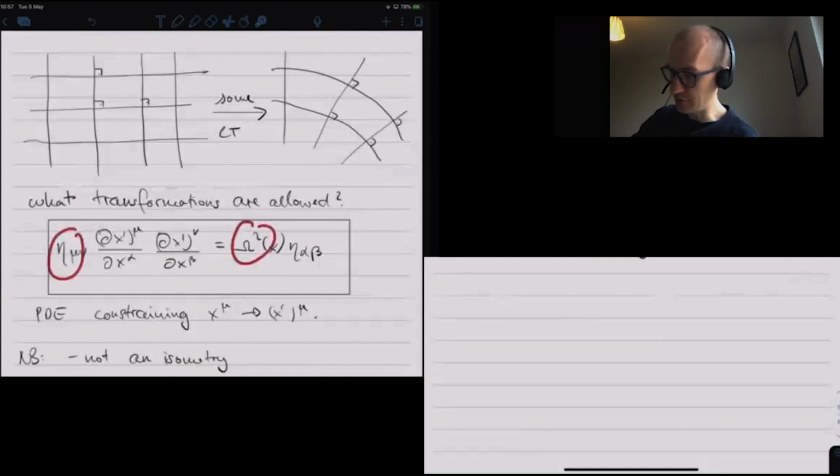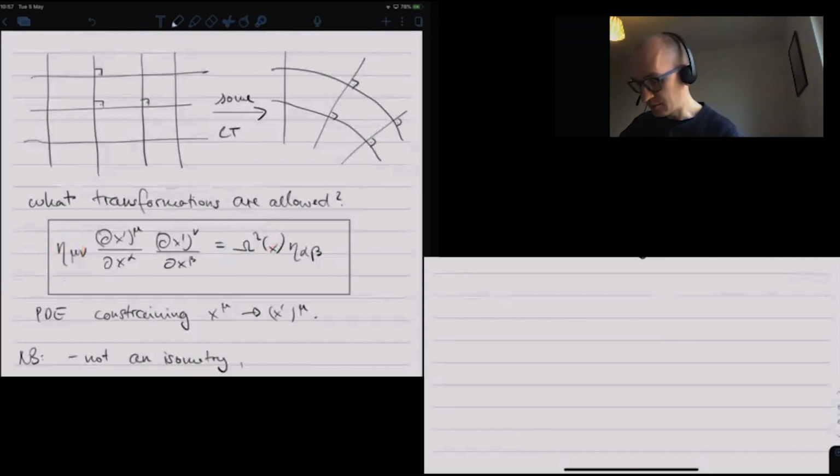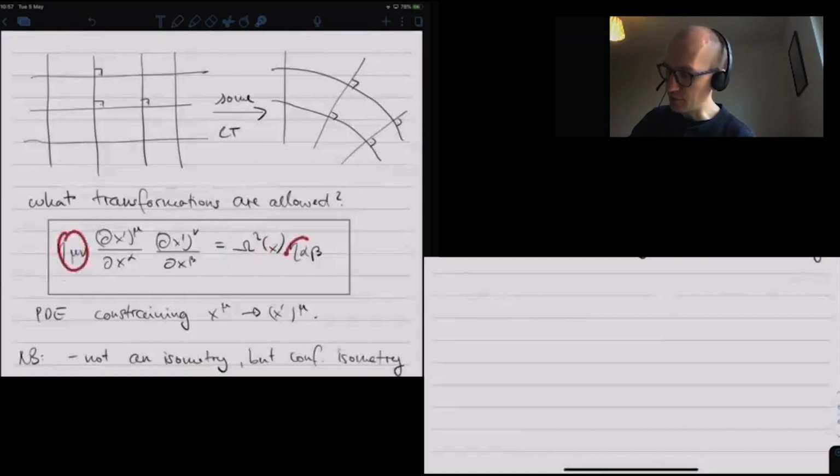It just changes by the factor omega squared. And if I put something other than the Minkowski metric here, then I'm asking what are the possible conformal isometries of this other metric. Here I'm asking what are the conformal isometries of Minkowski.